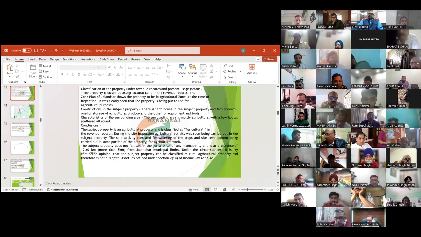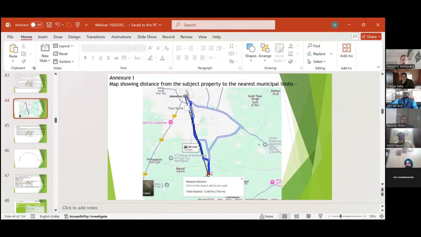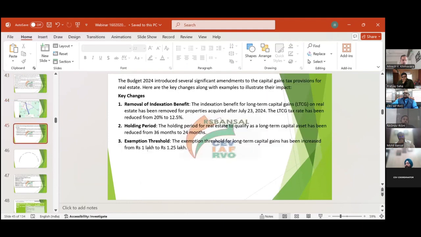So this area is rural agricultural land instead of urban agricultural land.